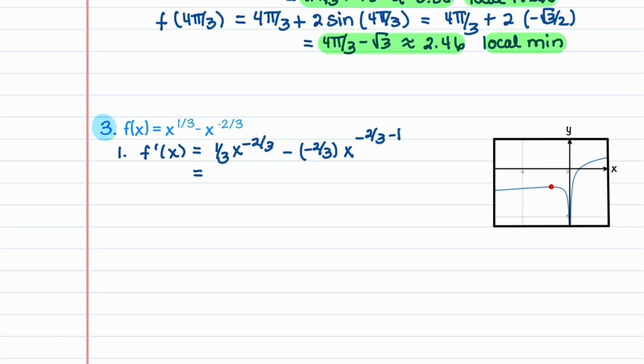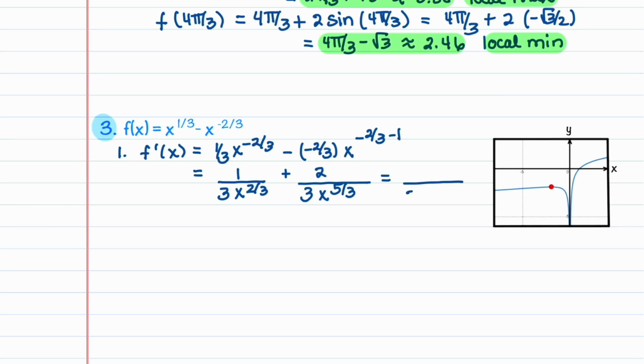Let's now rewrite this so it's going to be a little bit easier to work with. Let's write the first term as 1 over 3x to the 2/3. And then our second term is a plus 2, all divided by 3x to the 5/3. Now let's go ahead and get a common denominator.